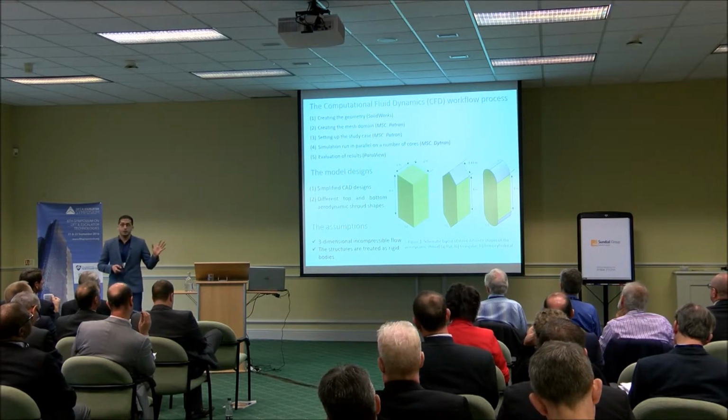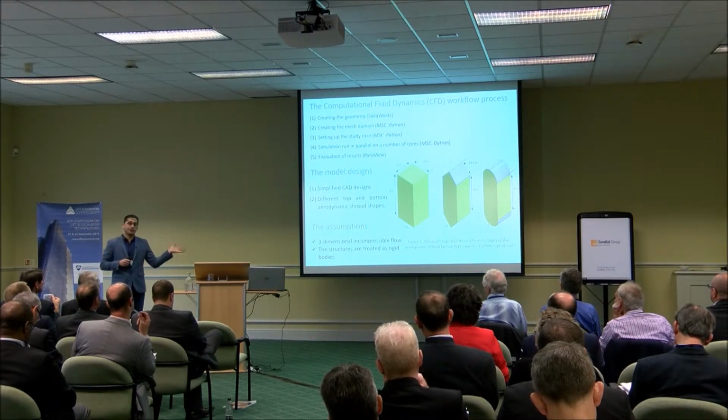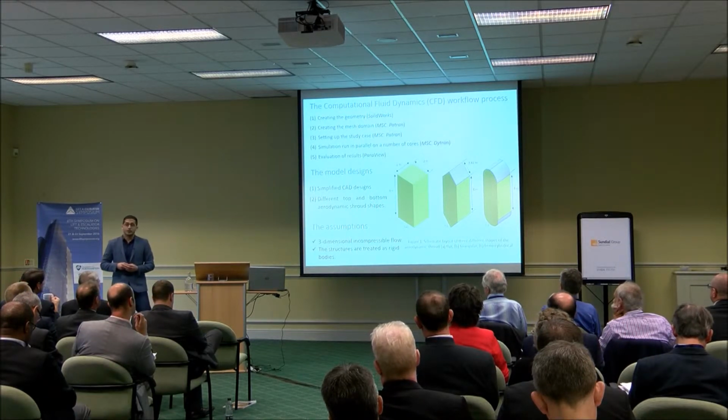This study also considered two assumptions for the flow and for the structure. The flow was three-dimensional incompressible flow, as I said, and the structures are treated as rigid bodies.